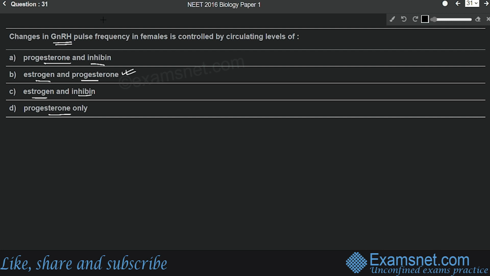It means gonadotropin releasing hormone, right? Let's write it down here. Gonadotropin releasing hormone, and it is secreted by the hypothalamus. Okay, it is released by hypothalamus.